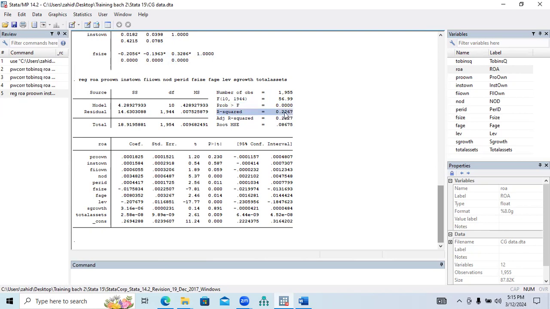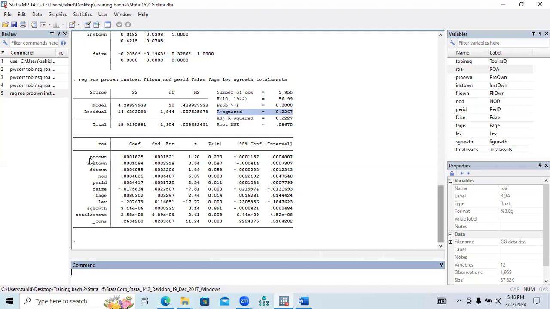Your R square value indicates how much your independent variables explain your dependent variable. Our dependent variable was ROA, and our independent variables are explaining approximately 23% variation in the dependent variable. This R square should be as close to 1 as possible.